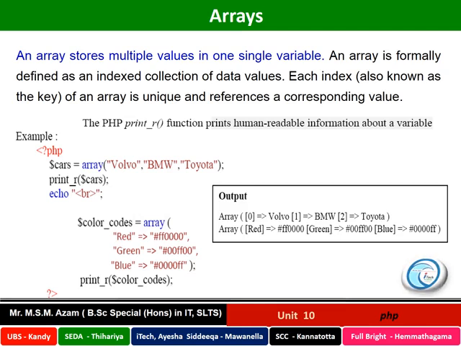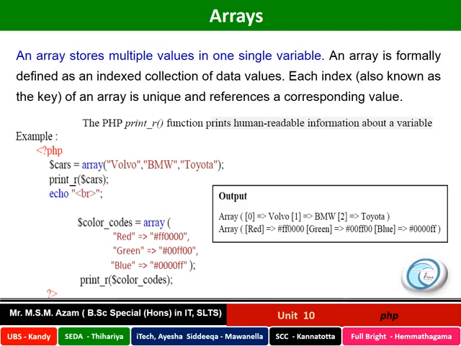These data items have their unique index value starting from 0. Volvo has the index value 0. BMW has the index value 1. Then Toyota has the index value 2. After that, I say print_r($cars).